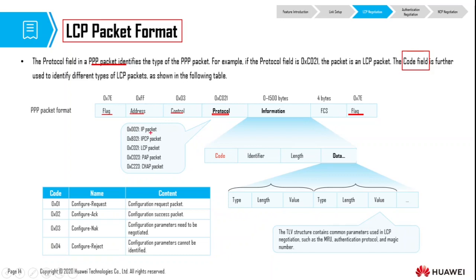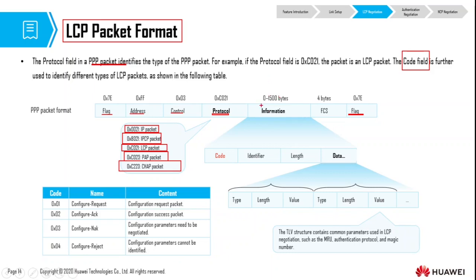So it simply means we are able to know whether this packet is an IP packet, an IPCP packet, an LCP packet, a PAP packet for authentication, or a CHAP packet. So that is what we have under the protocol: the protocol that has been encapsulated here within the information field.